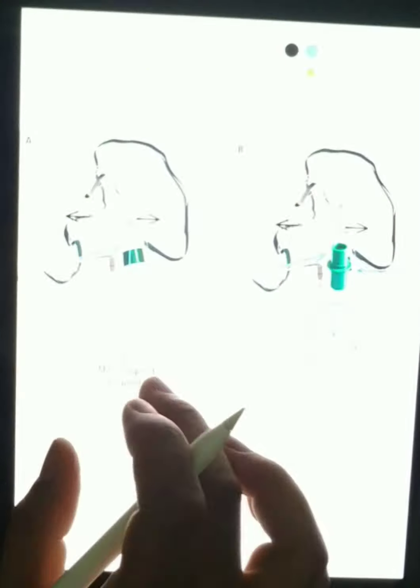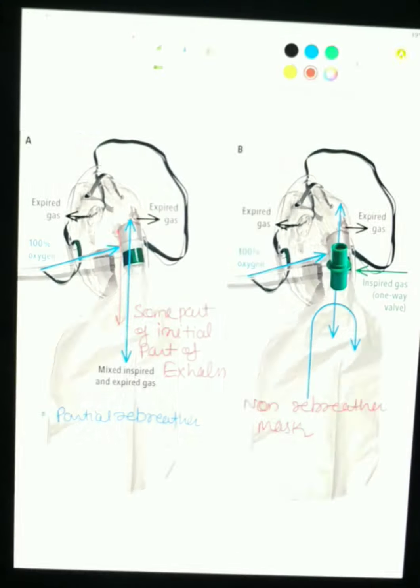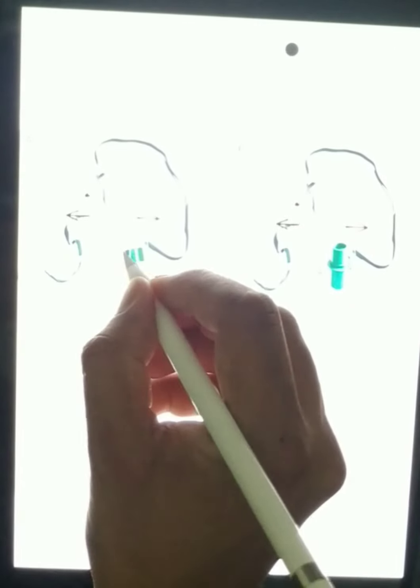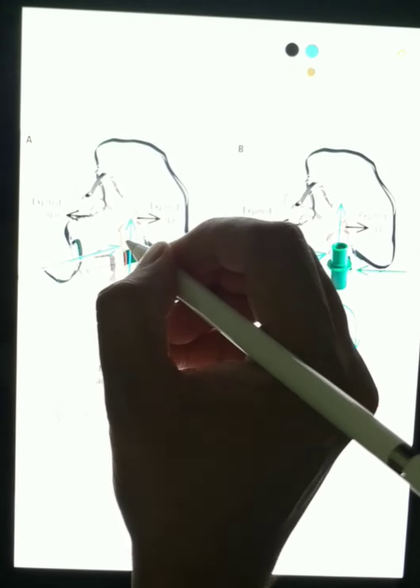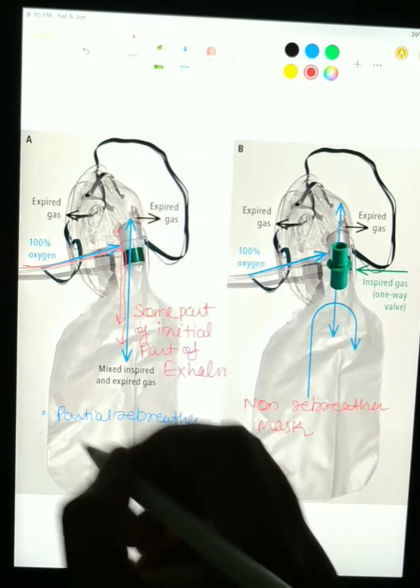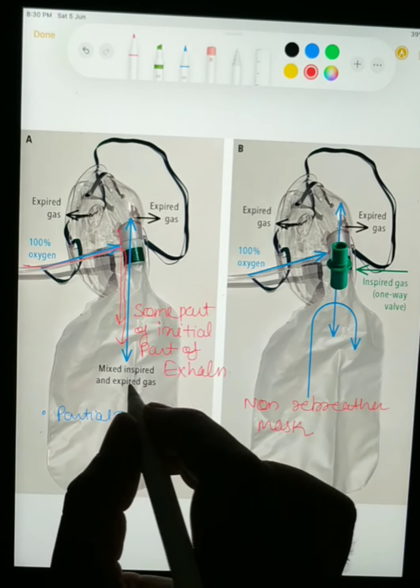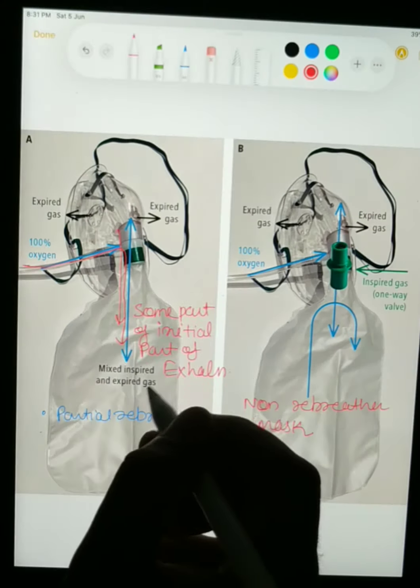But the maximum amount of gas in the reservoir bag comes from this oxygen flow tube. So oxygen comes from here, and the initial part of the exhalation gas comes into the reservoir bag. So there is some amount of mixture. This is a partial rebreathing mask, because the patient rebreathes some of his expired gases.